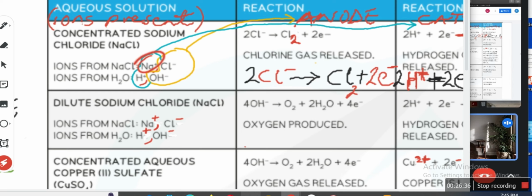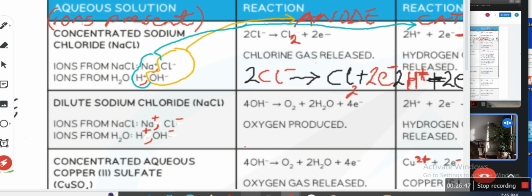Also, sodium and hydrogen ions, both of them go to the cathode. Only hydrogen is discharged, sodium is dropped. Why? There are a number of factors. One factor is their position in the reactivity series.